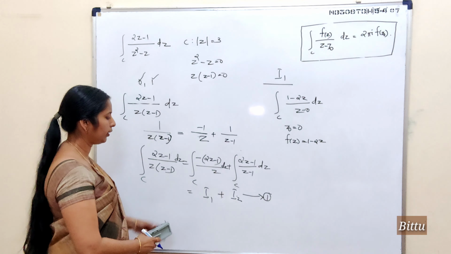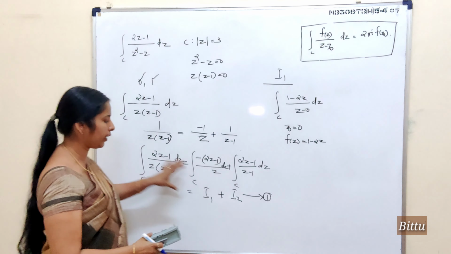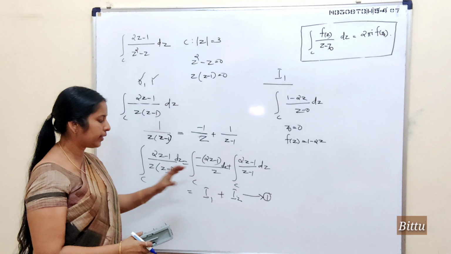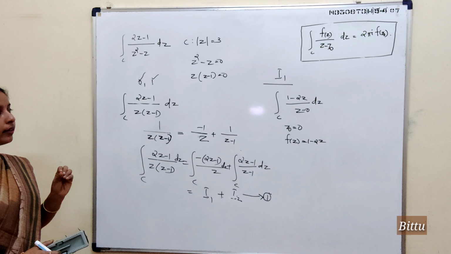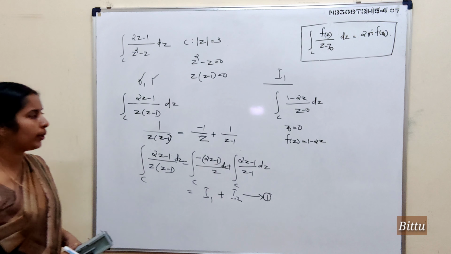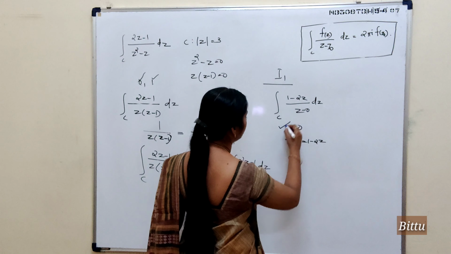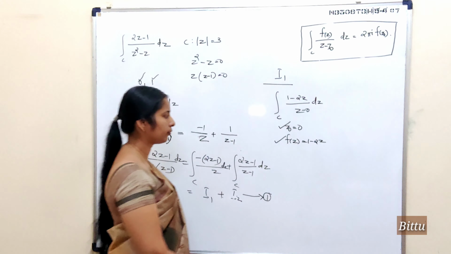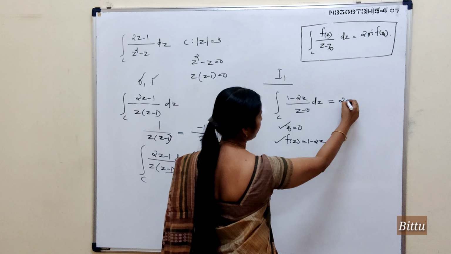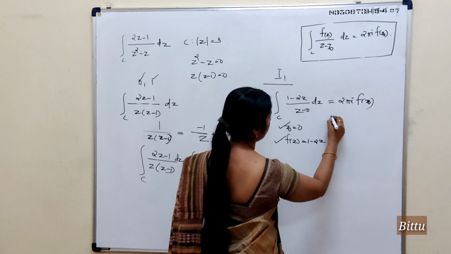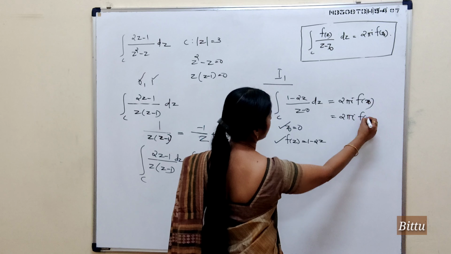After converting the given integral into sub-integrals, each integral can be answered by using Cauchy's integral formula. So in the integral formula, you have to choose z naught and f(z). Then by Cauchy's integral formula, its answer is 2 pi i into f of z naught, that is 2 pi i into f of 0.